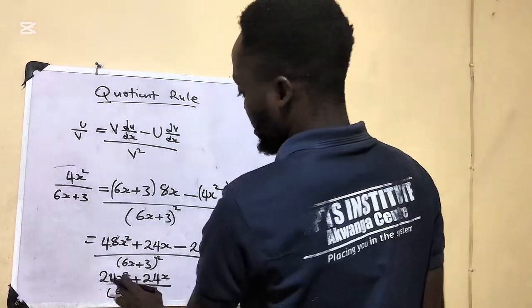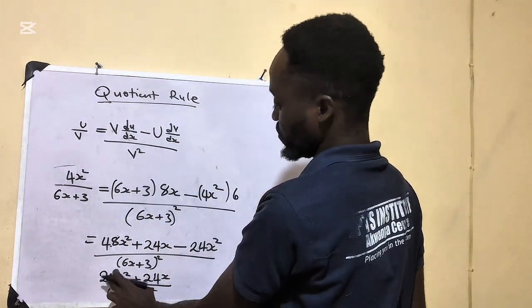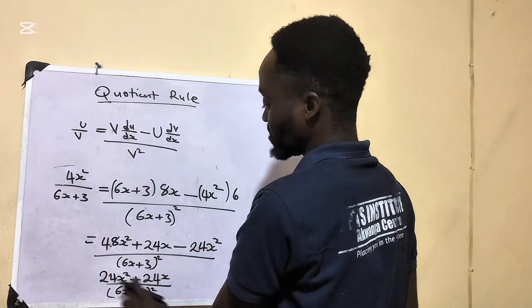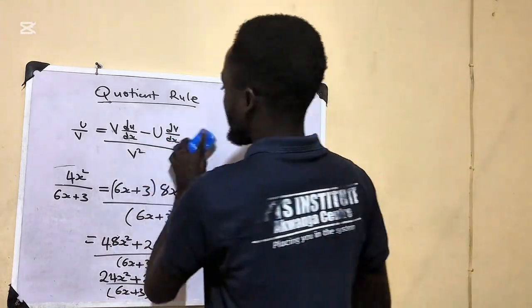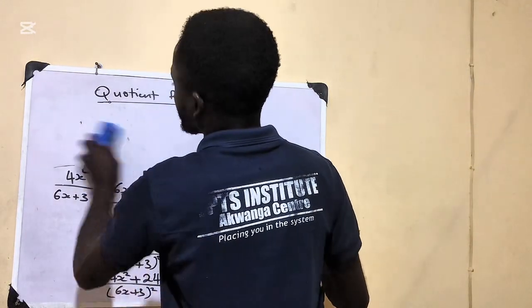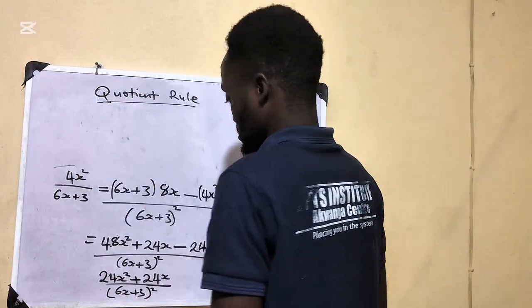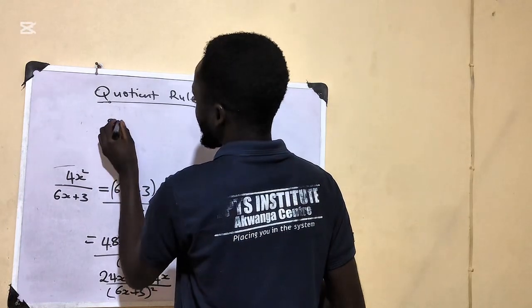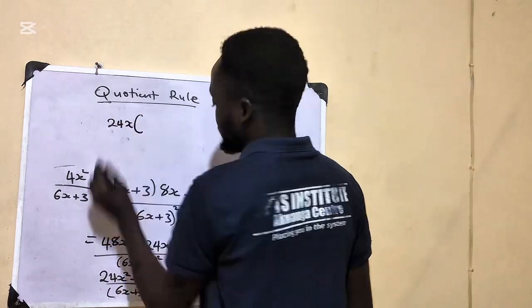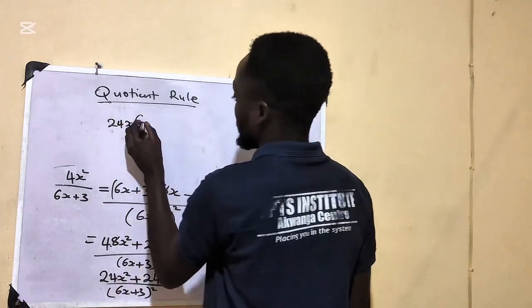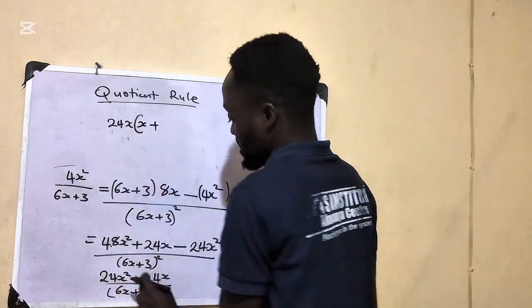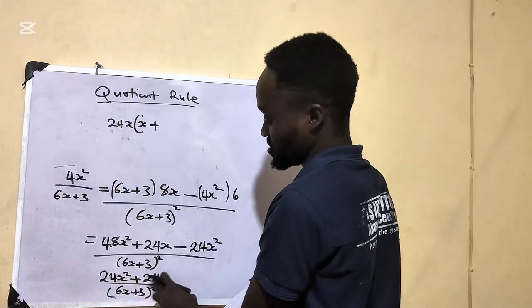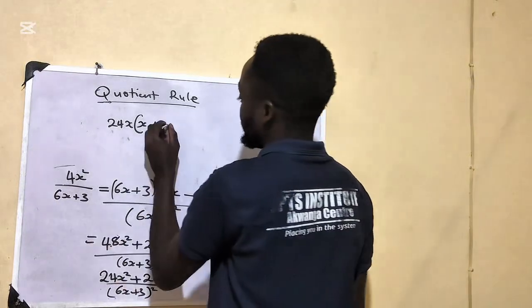Alright, so from here I can even factor out 24 and x. So I'm going to factor out 24 and x. If I do that, what I'm left with is just x plus 1, because when I factor out 24, it is going to be left with 1 here.